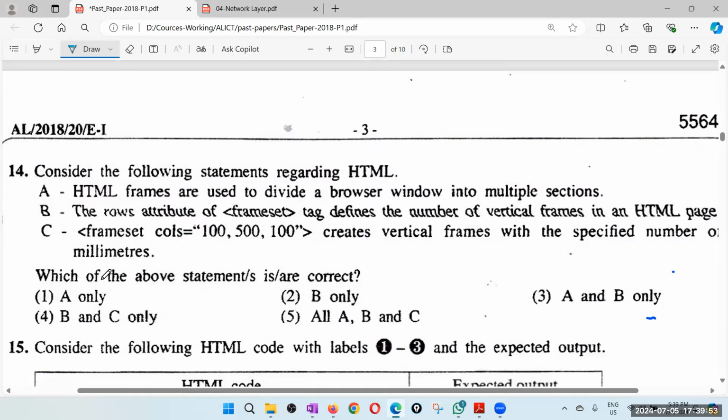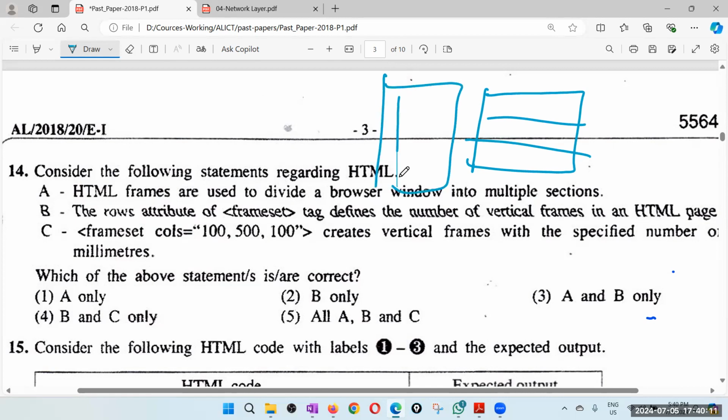Right. 14. Consider the following statement regarding HTML. HTML frames are used to divide a browser window into multiple sections. Yes, you can use them to break it in a horizontal manner or vertical manner. Remember, we can say 25%, 60%, and so on.